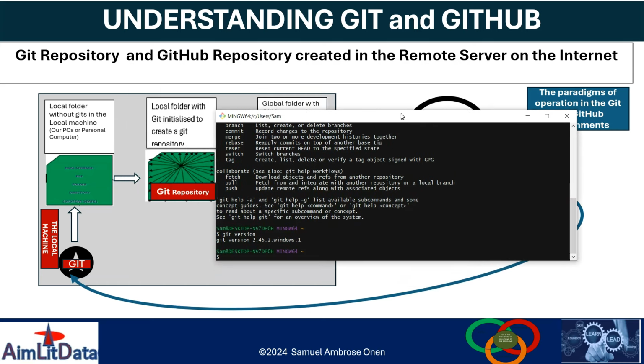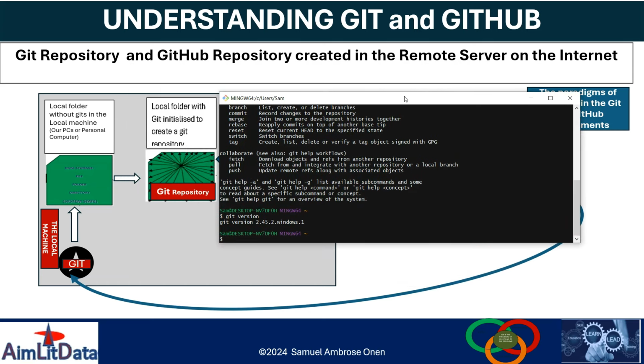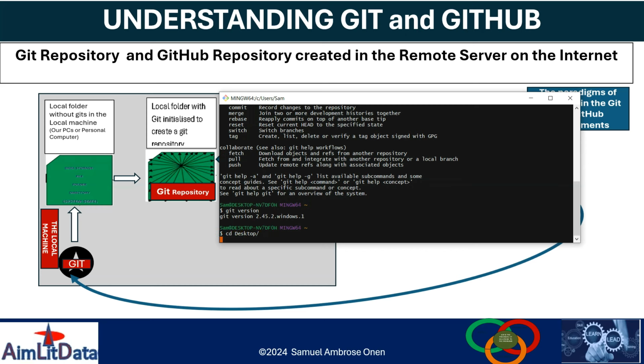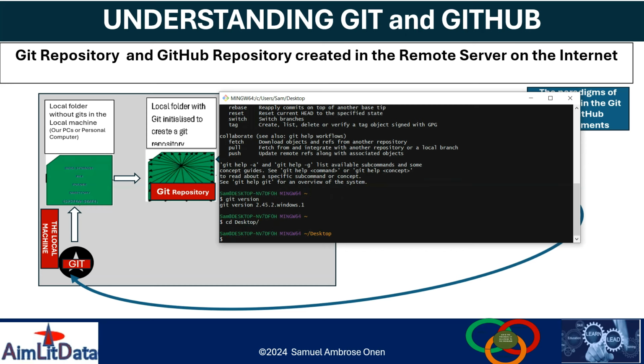Now, how do we verify that we really have a Git repository here? Well, let's check. Let's go to our desktop, for example, because I guess we have created that repository on the desktop. We can check what is available on the desktop by typing dir.